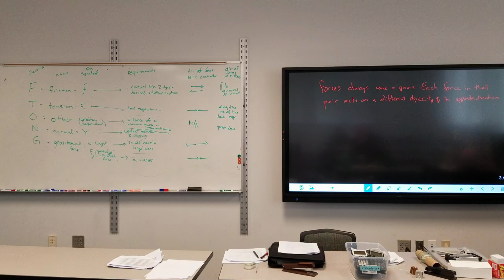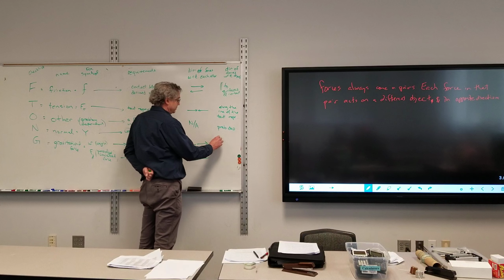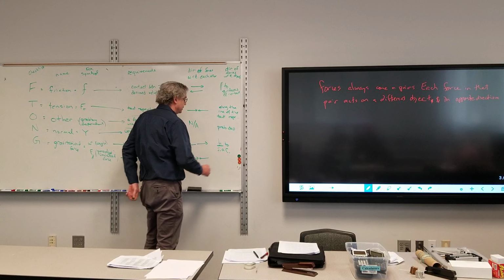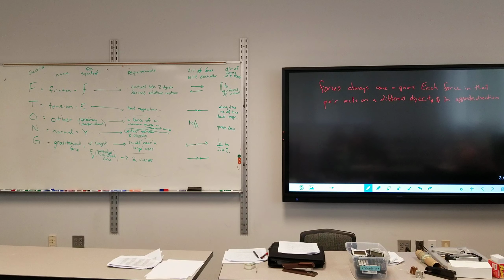All right, normal means perpendicular. And it's called the normal force because it's perpendicular to the surfaces of contact. So the normal force and the friction force will be perpendicular to each other.